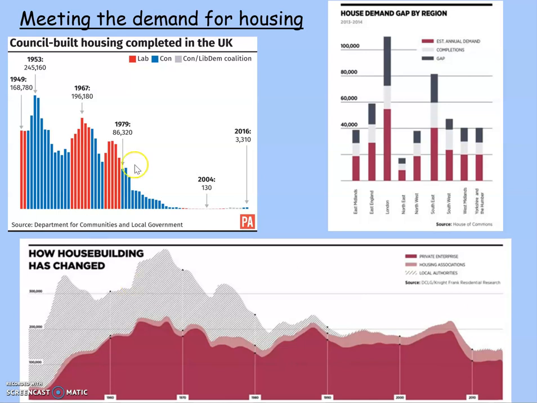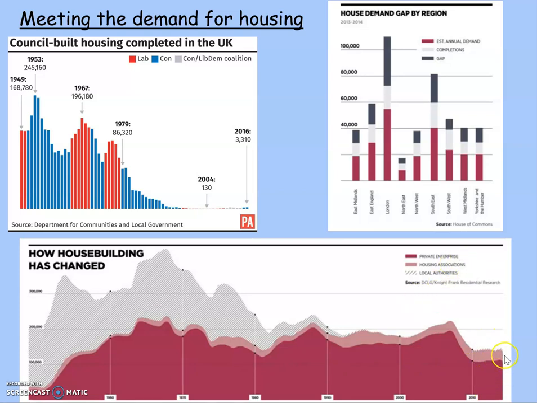As you can see here in the top left, the number of council-built houses completed since 1949 up to about 2016, and you can see how that is changing. Here, in this table, you can see how house building has changed from the 1950s, after the Second World War, 1960, 70, 80, and you can see the private enterprises are now predominantly involved in house building.